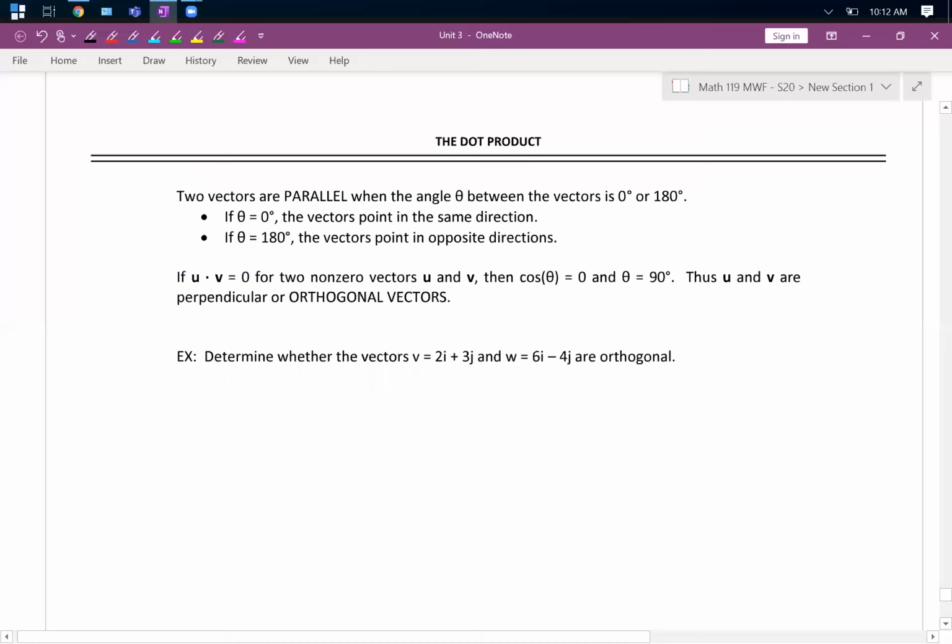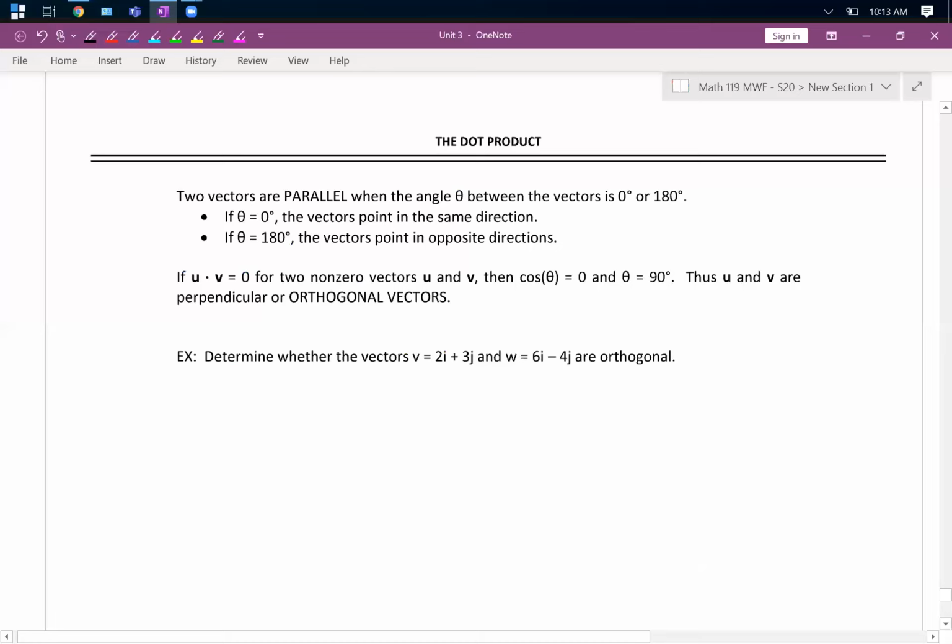If u dot v equals 0 for two non-zero vectors, then cosine of theta equals 0, which means that theta is equal to 90 degrees. Thus, u and v would be perpendicular, but in this context, we use the word orthogonal instead of the word perpendicular. We do that anytime we're talking about vectors.